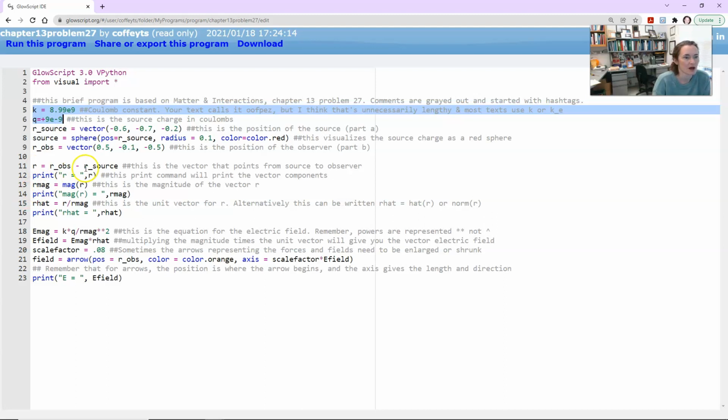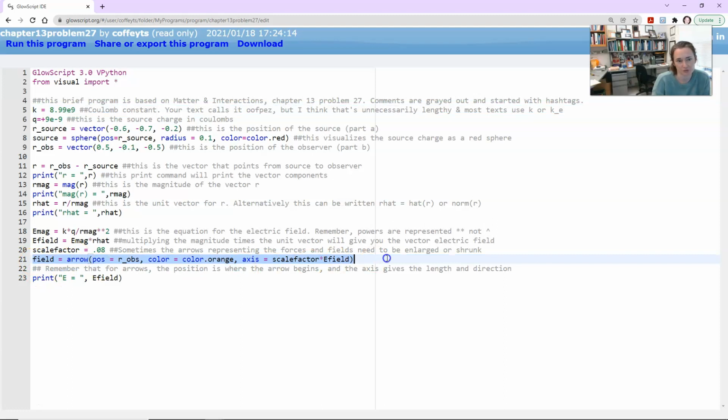Now what I did to visualize the electric field, and this is the only other thing I need to tell you, is that I visualized it as an arrow. So the field is an arrow. I put it at the position of the observation point variable, which was R_obs.